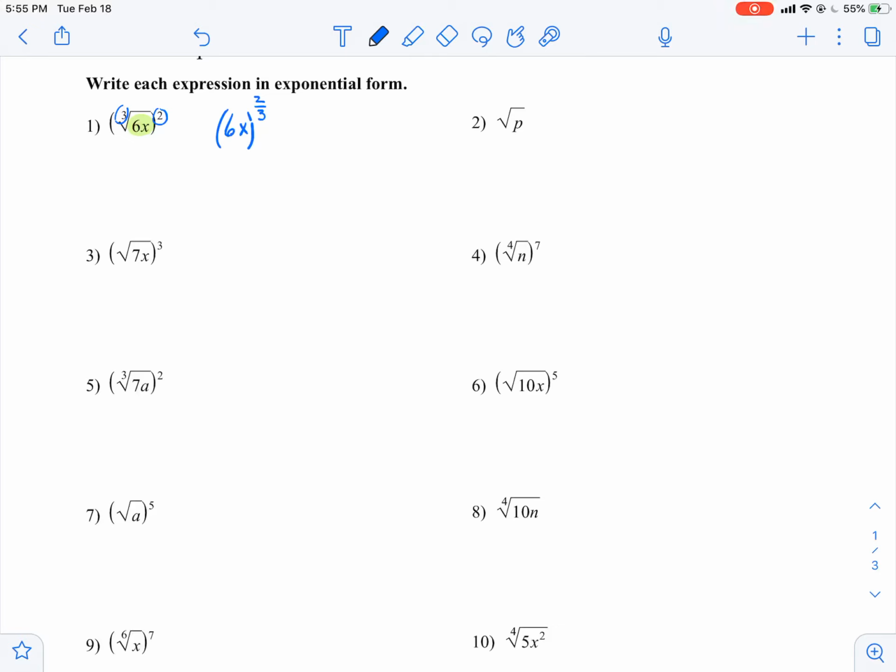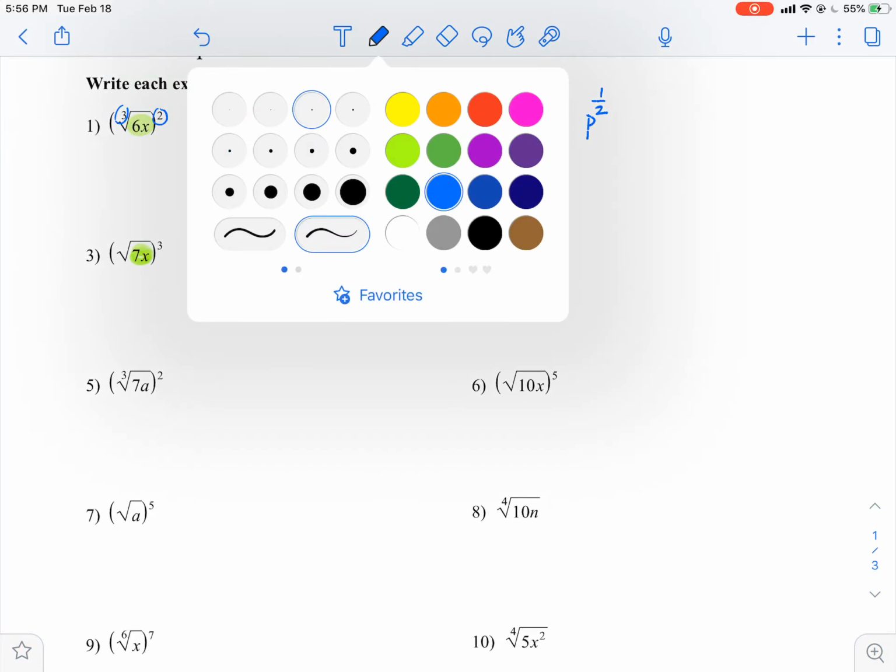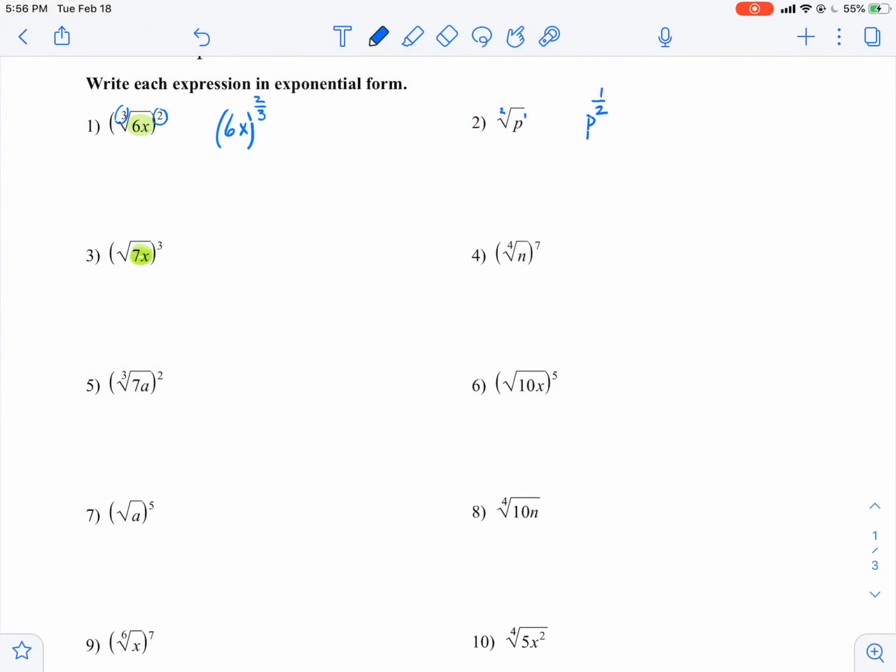Number 2, the 1, 2, understood. So this would be p to the 1/2. Number 3, again, the 7x is all underneath. So we would have 7x, and then we would do the exponent over the index.